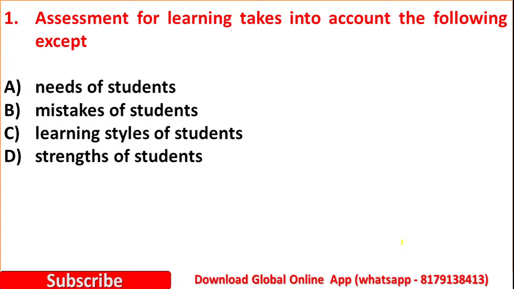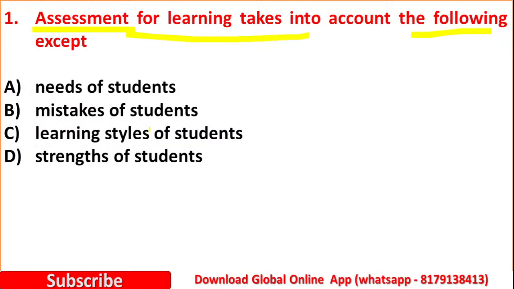So here the first one is, assessment for learning takes into account the following except. Option A, needs of student, option B, mistakes of students, option C, learning styles of students, option D, strengths of students.